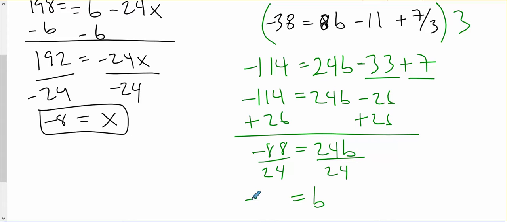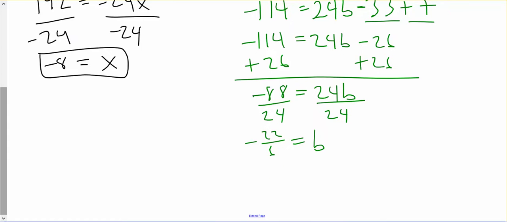Does 6 go into 88? No. So we can divide both those by 4 and say that's, what, 22 over 6, and a 2 goes into both of those. Negative 11/3 equals b.